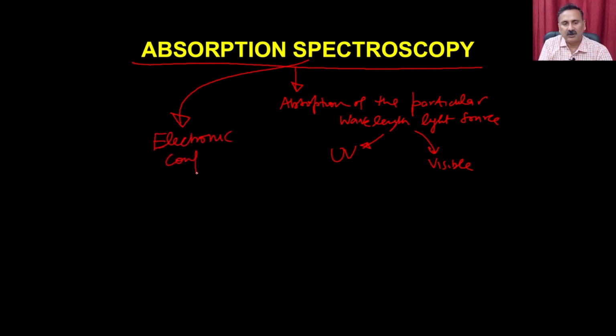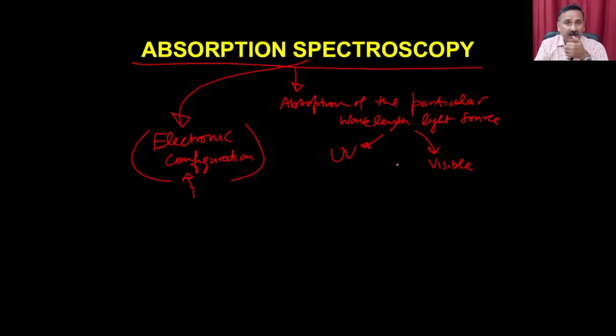So if the electronic configuration is disturbed, or if there is any perturbation in it, it changes how easily or how difficult it is for an electron to receive energy from the system and go to the high energy state, and from there it comes back. And that is going to vary from one wavelength to another, right?